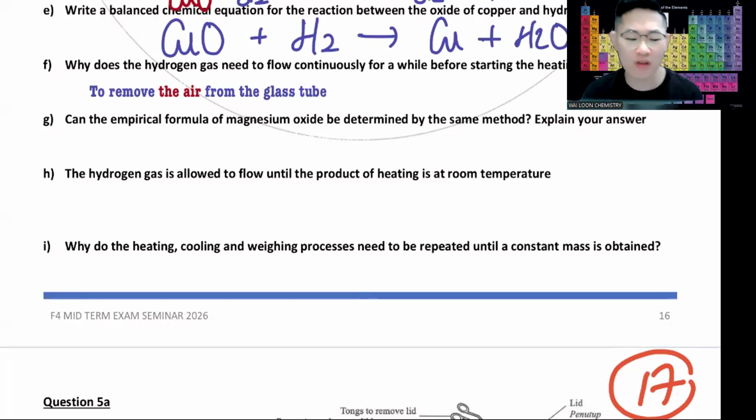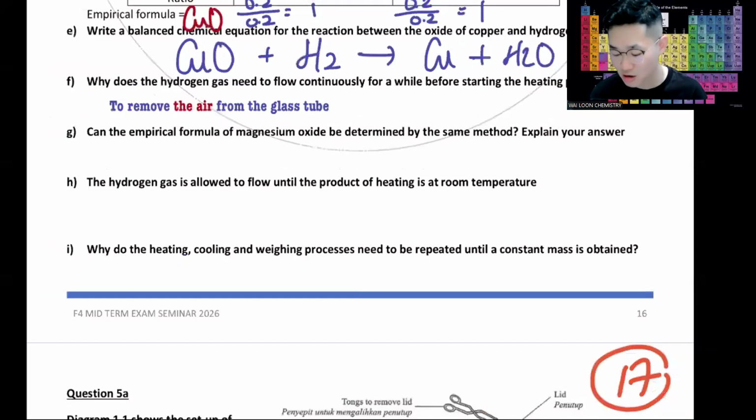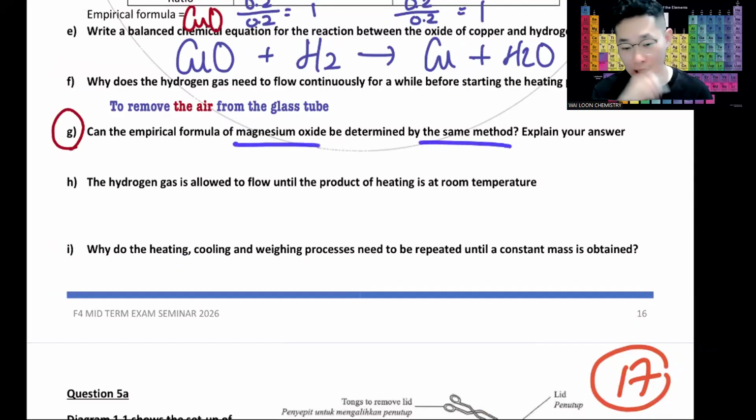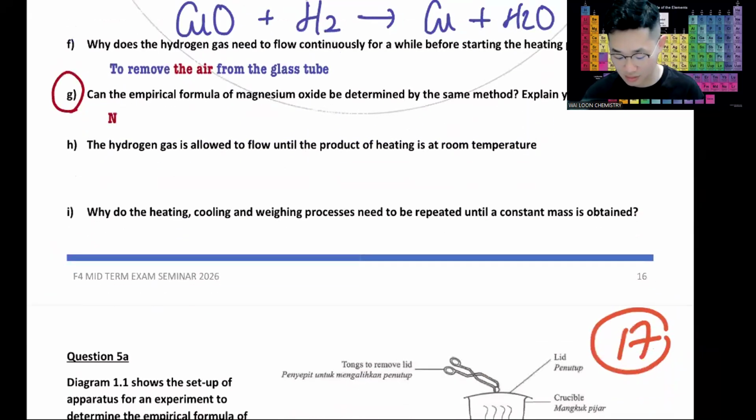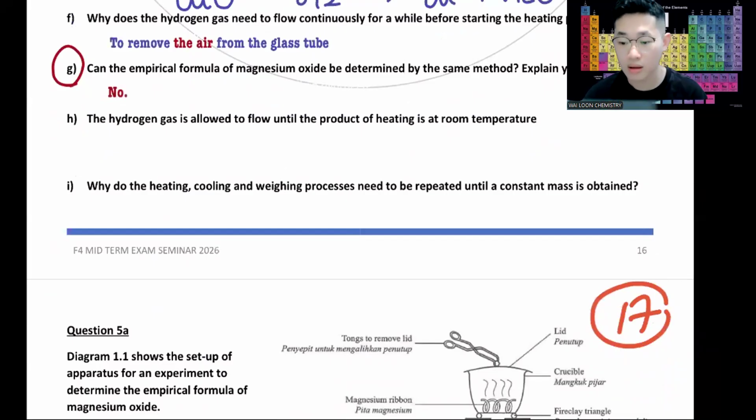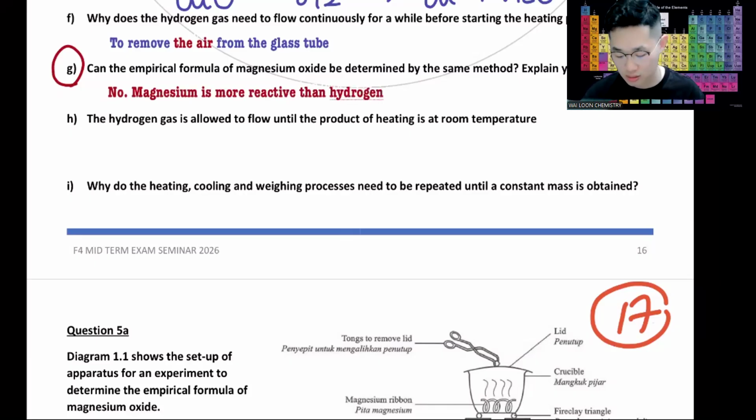Can the empirical formula of magnesium oxide be determined by using the same method? Okay, now you can finally answer this question. Can the strong man use this method? Obviously, no. This method is not for the strong man. Why? As we say, magnesium is a strong man, right? Magnesium is more reactive than hydrogen.